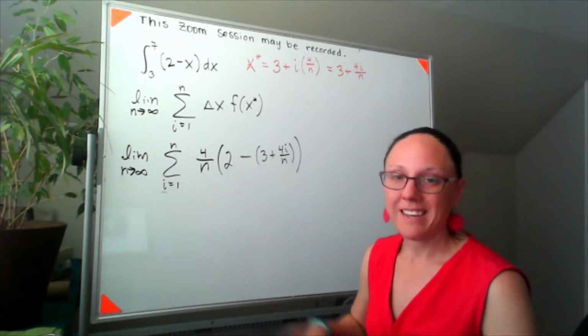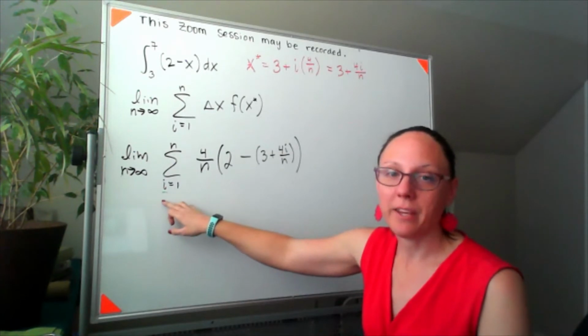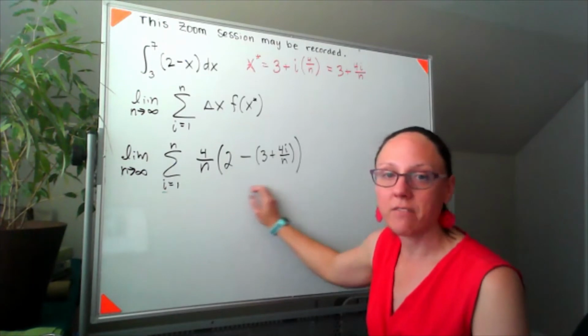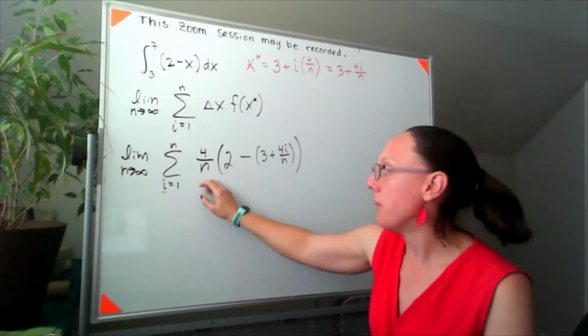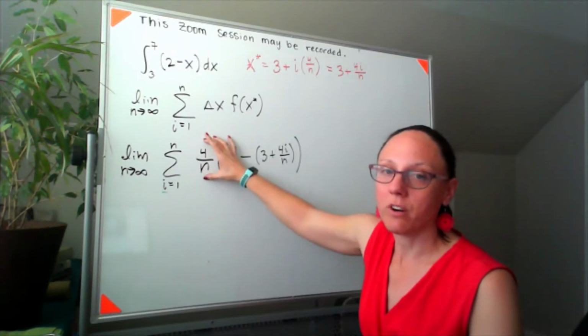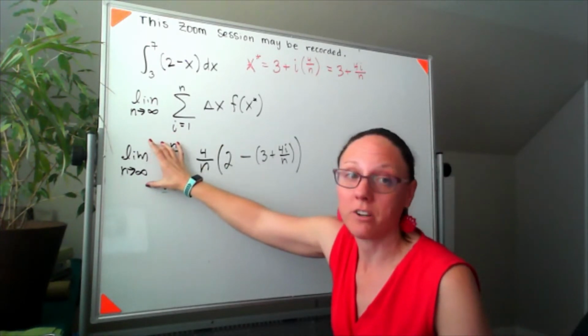Whatever variable is at the bottom of our sum, that's my index variable, which means i is the only thing that's a variable anywhere in here. n at the moment is not a variable. That 4 over n can pop out in front of our summation symbol.